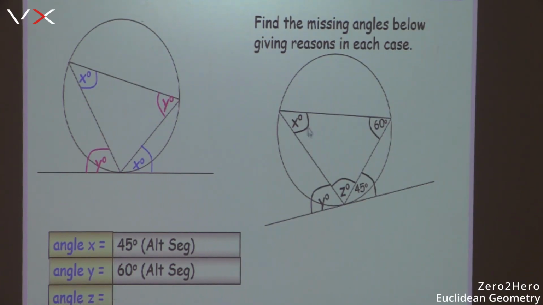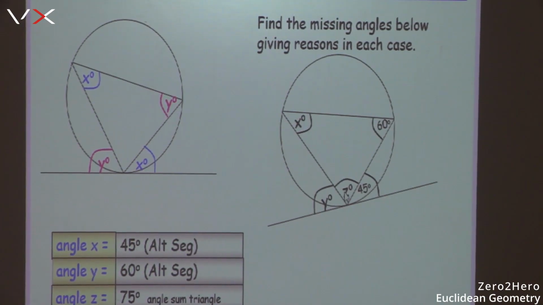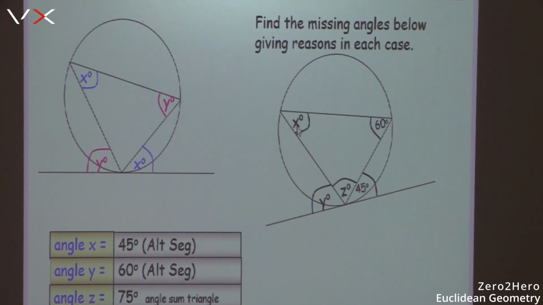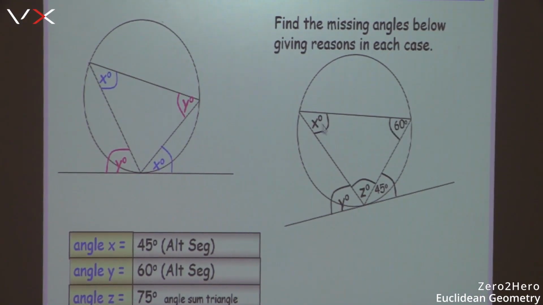So I'm spoiled with choice. It's either I use the sum of interior angles of a triangle, which is 180, or I use the straight line, which is also 180, to find the angle z, which will then be equal to 75 degrees. So it's z plus 60 plus 45 plus 45 equals 180. And that way we'll be able to find our angle z.